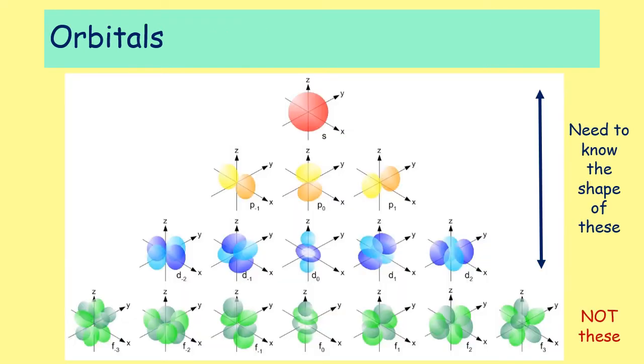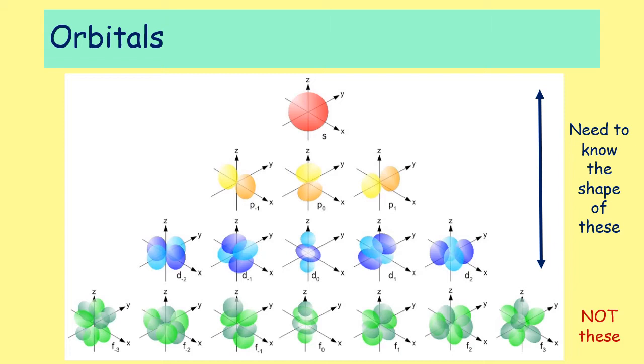Now, here we have an illustration of all the types of orbital that are known for atoms. And you can see they're all different shapes. For Advanced Higher, you'll only really focus on the red, yellow and blue ones, not the green ones. Those green ones, in fact, aren't properly explored until more than halfway through a university chemistry course.